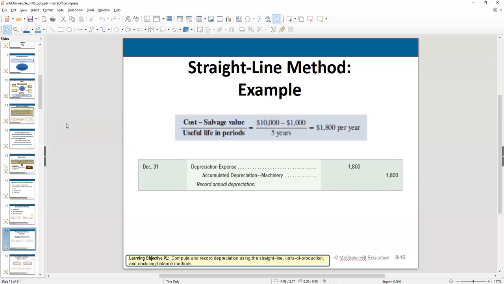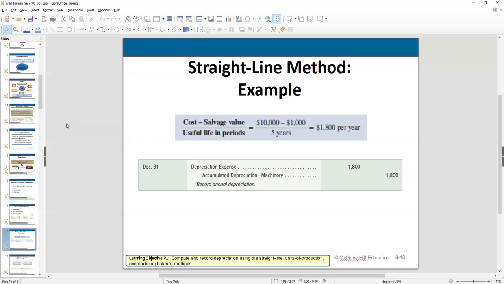And then we're going to divide that by 5 years. And that gives us a depreciation of $1,800 per year. So on December 31st, when we go to take the depreciation on that item, we're going to debit depreciation expense, and we're going to credit accumulated depreciation machinery.